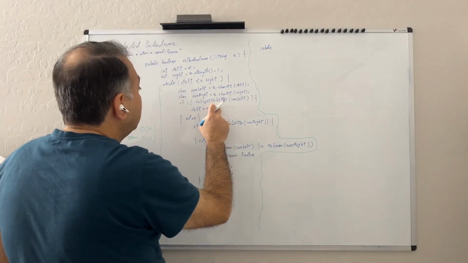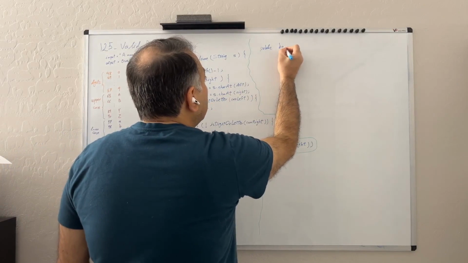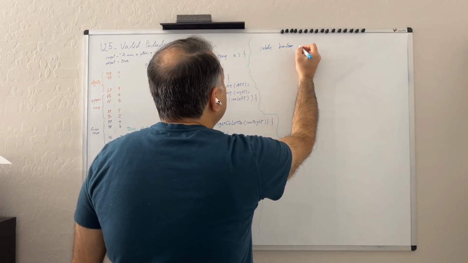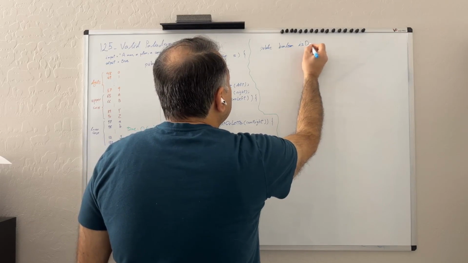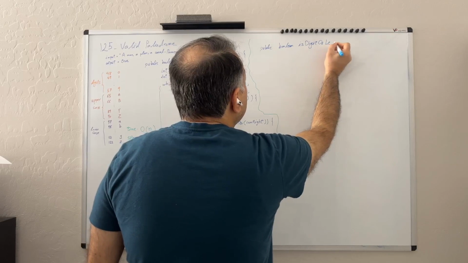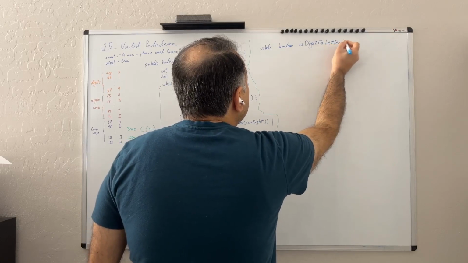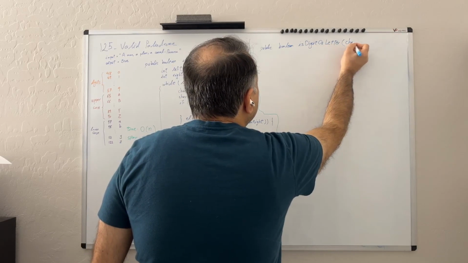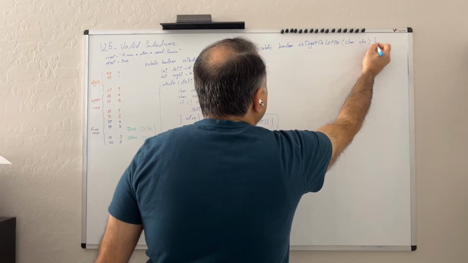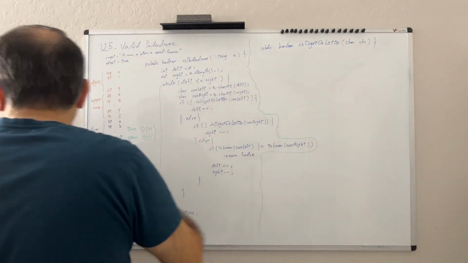And this method returns a boolean because we just need to know, is it a digit or letter? This method will get a character as an input and just return true or false.